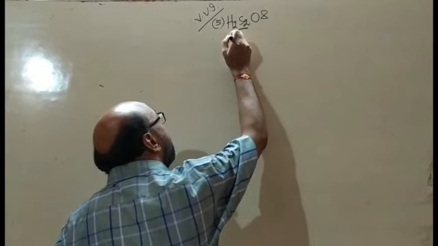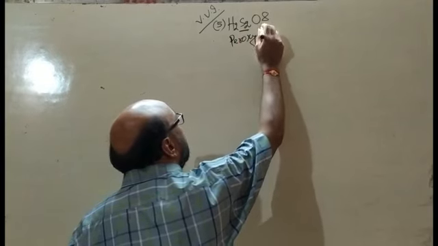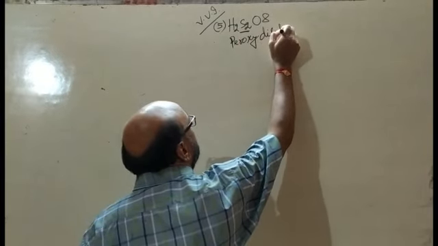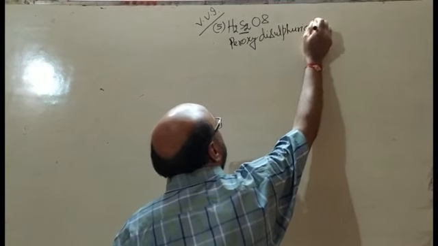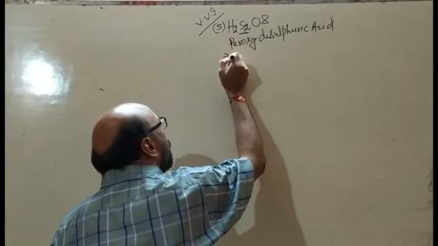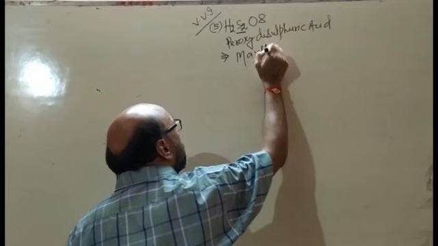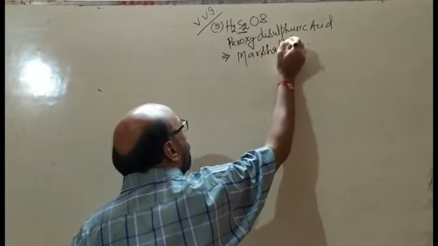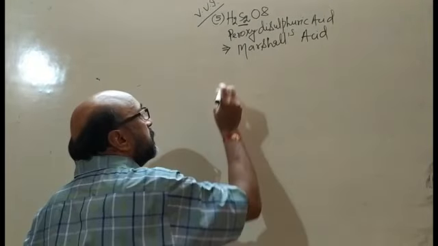Again, we use its name. Its name is peroxy disulfuric acid, and this acid was made by a chemist called Marshall. Therefore, it is also called Marshall's acid. Right?